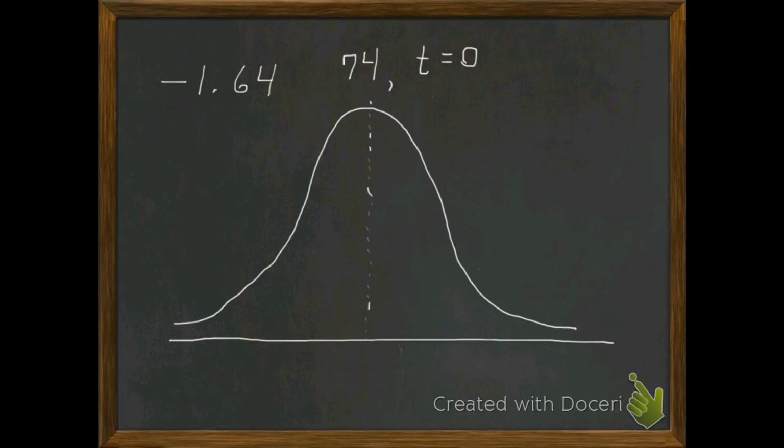And we're going to define two lines that represent sample means that are too far away from the claim for us to believe the claim.